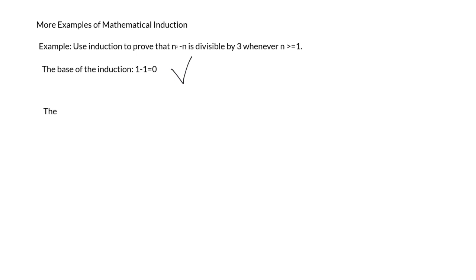Now the inductive step. In the inductive step, we assume that whatever we want to prove, this statement is true for n equal k, and we prove it for n equal k plus 1.